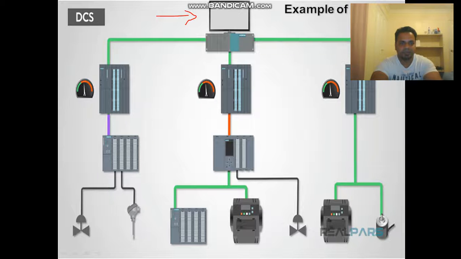At the bottom there's a row of PLCs, which is directly controlled by the DCS, and under the PLCs there are field devices. It can be an actuator, sensor, valve, or motor. It represents how the DCS is controlled properly through the PLCs, monitors and controls them, and receives the data from the field devices. So it's a really effective system.